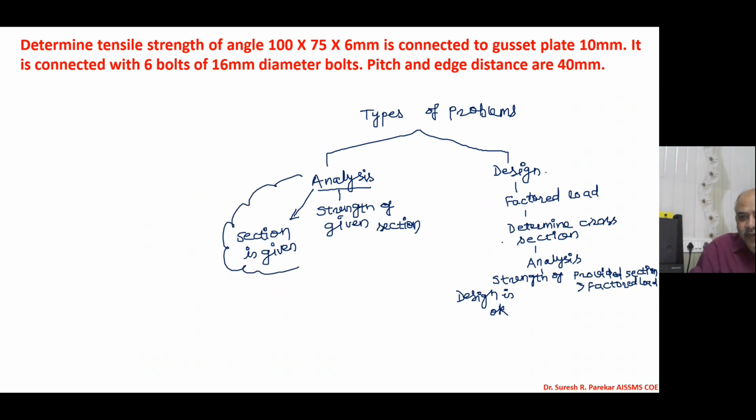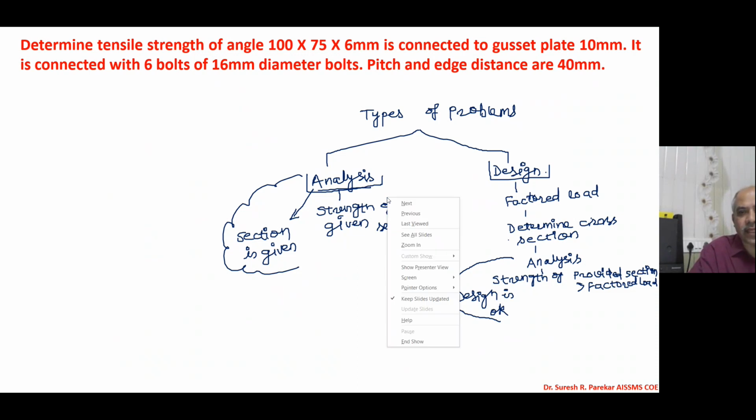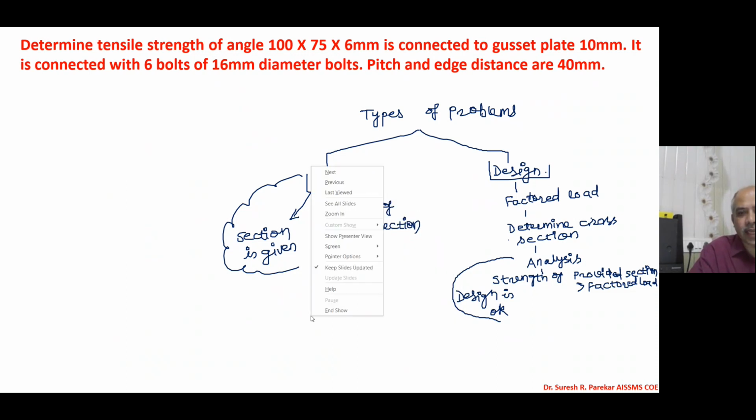After determining the cross section, whatever we are going to do, that is your analysis only. So we have these two types of problems. Today we are going to be with analysis and tomorrow we will go with design. So you first write down this part, and then we will switch over to the analysis of this member. We are going to determine the strength of the section.